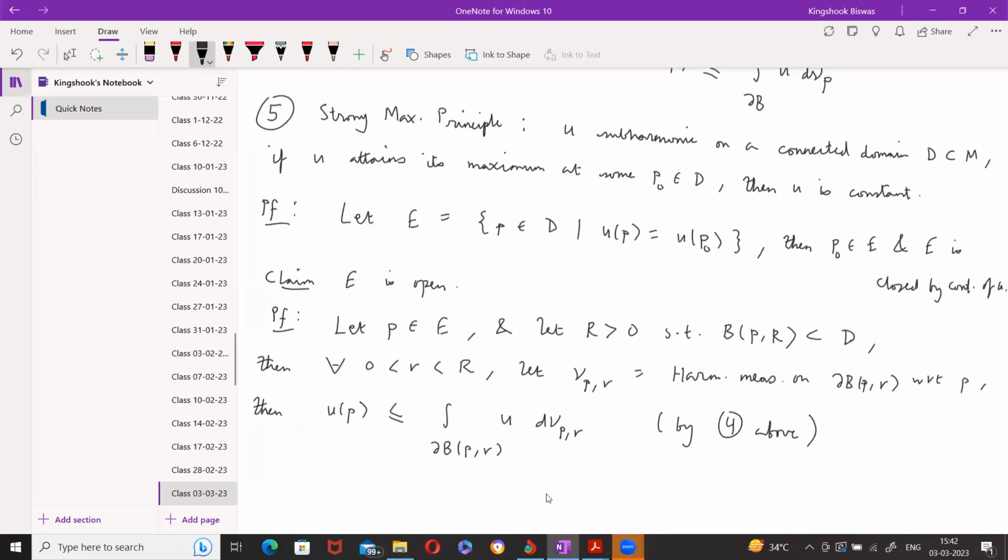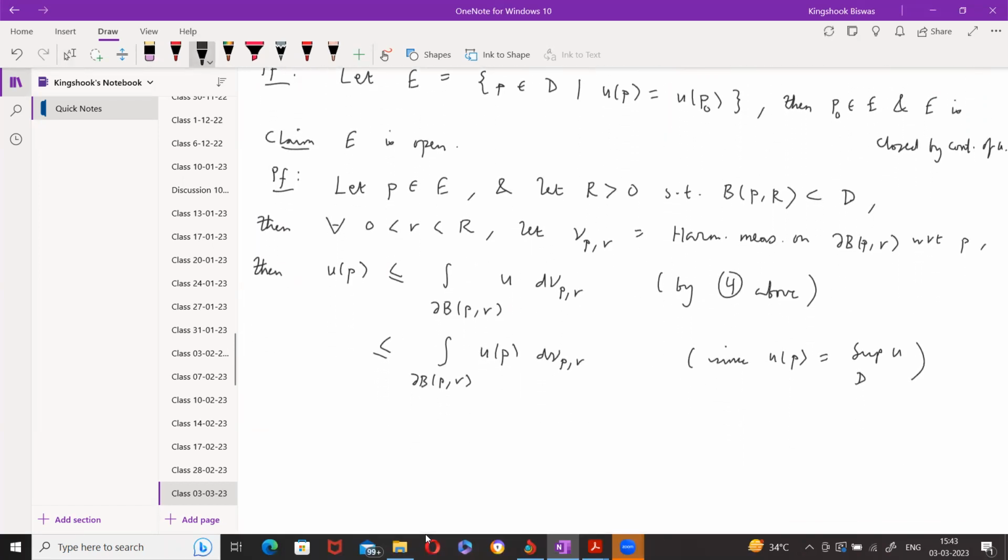But on the other hand, since U of P is the maximum, this is less than or equal to the integral of U P d nu P R over boundary B P R, since U P is equal to the sup of U over D. Is this clear? Yeah, it's clear.